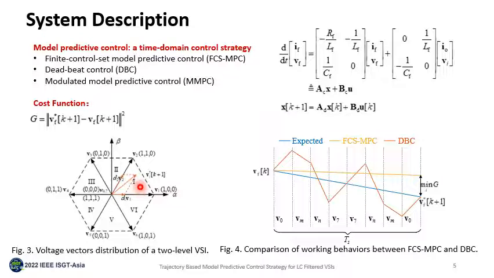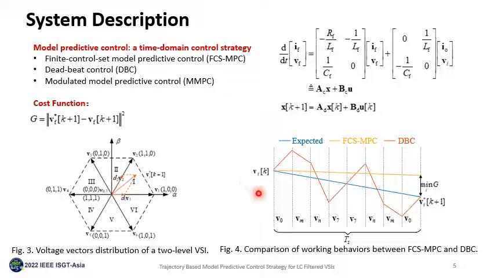FCS-MPC only selects one candidate voltage vector as the control input at one sampling period, while DBC chooses a pair of adjacent voltage vectors to synthesize the desired voltage vector. Therefore, the switching sequence for DBC is symmetrical and has 7 segments.